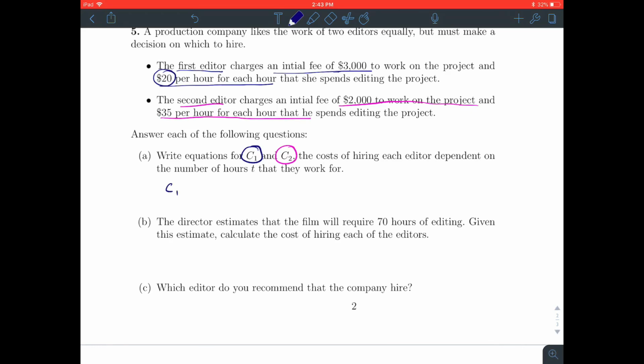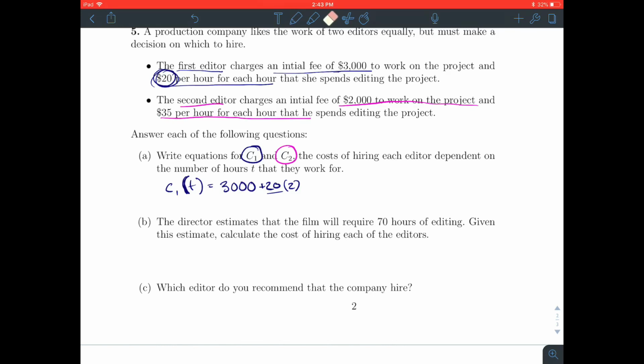So for the first editor, C1 of T, this should remind us a lot of the visual pattern circle problem that we looked at. Instead of starting with 6 circles like we did in our classwork today, our editor starts off with a cost of $3,000. If they work 1 hour, they make an extra $20. If they work 2 hours, they'll make $3,000 initially plus 20 times 2.